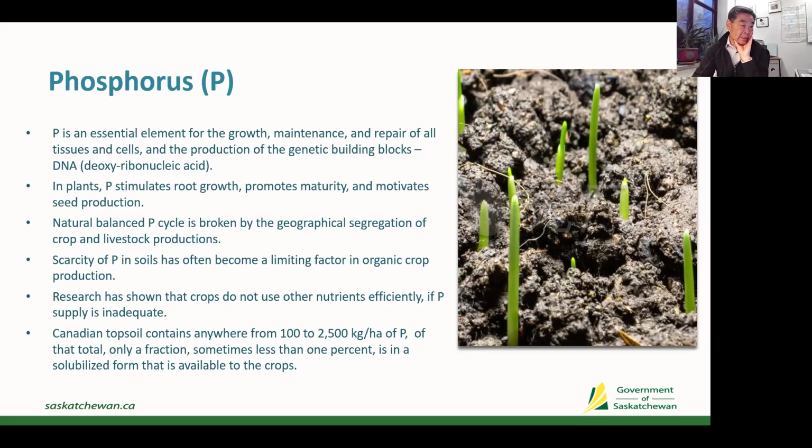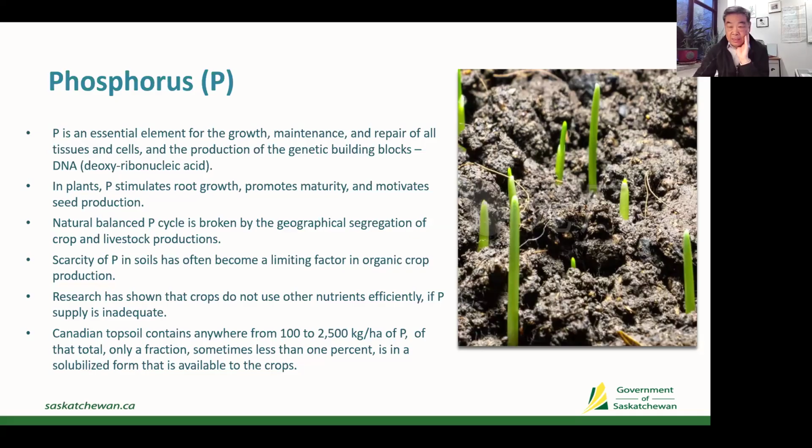Research has shown that crops do not use other nutrients efficiently if the P supply is inadequate, if the P supply is low. The other information I want to share with you is that Canadian topsoils contain a tremendous amount of P in the soil.